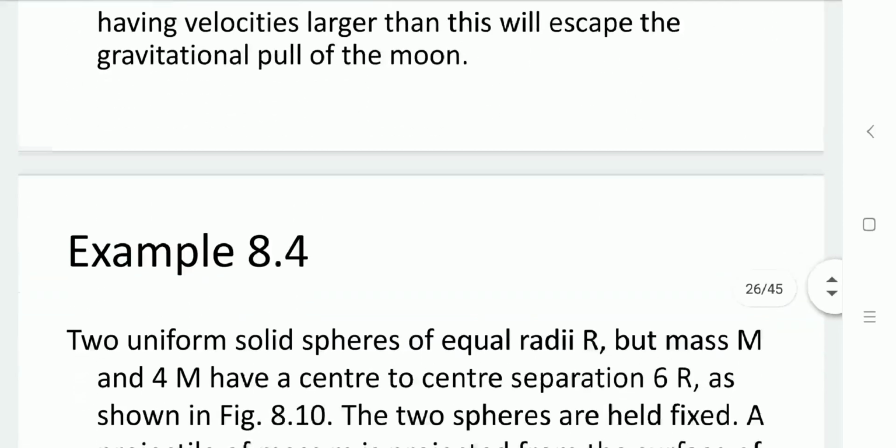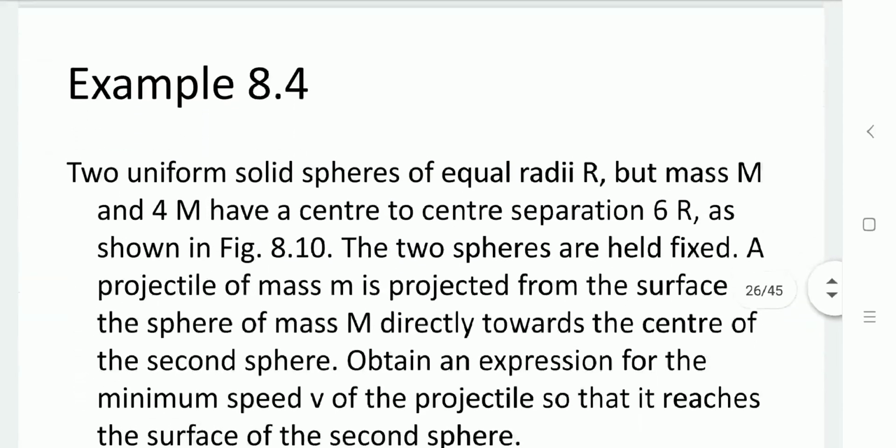Let us go through an example for the same. Two uniform solid spheres of equal radii r but masses M and 4M have a center separation of 6r, as shown in the figure. The two spheres are held fixed.